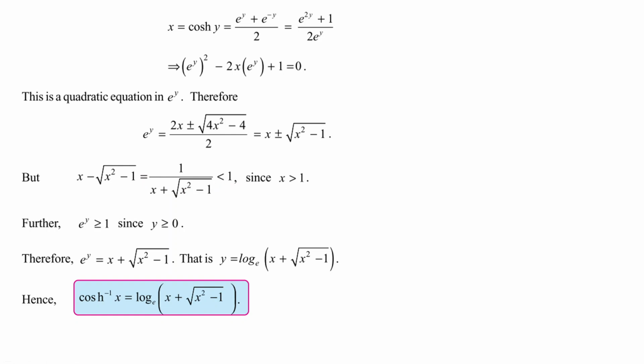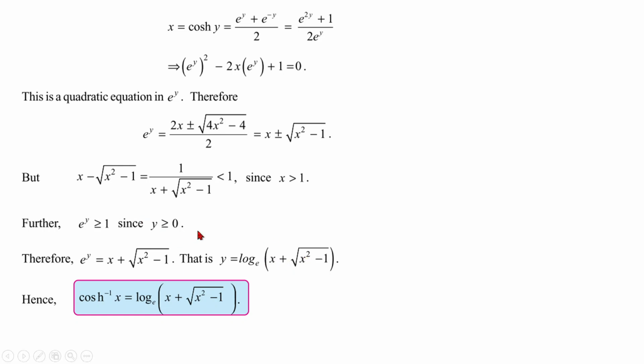Now, e power y should be greater than or equal to 1. Why? Because y is greater than or equal to 0. Understood, no? That's why we are choosing this one. Agreed or not?